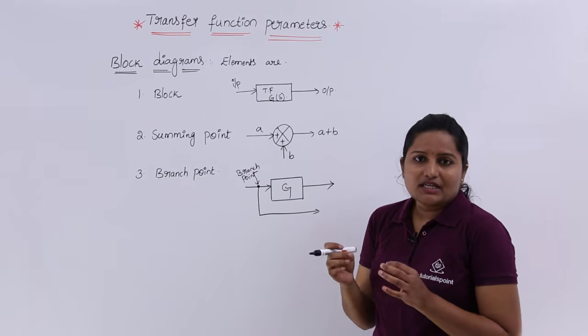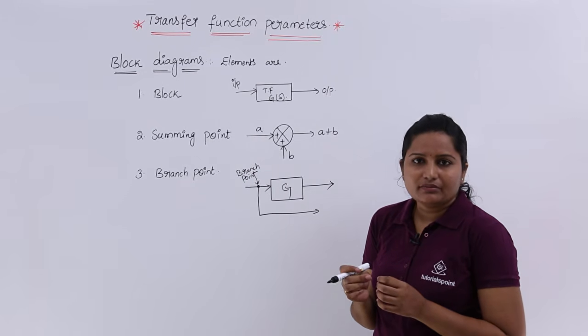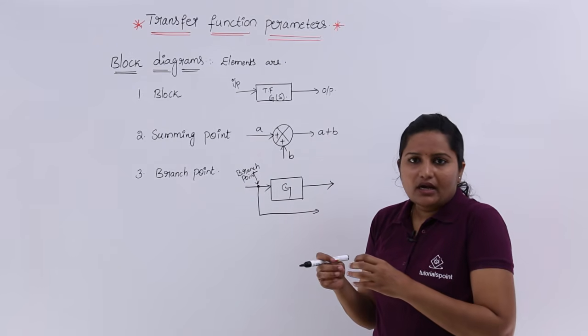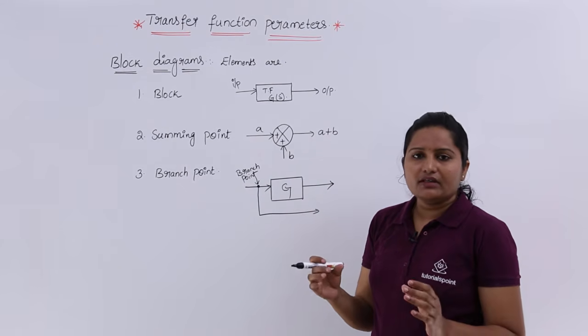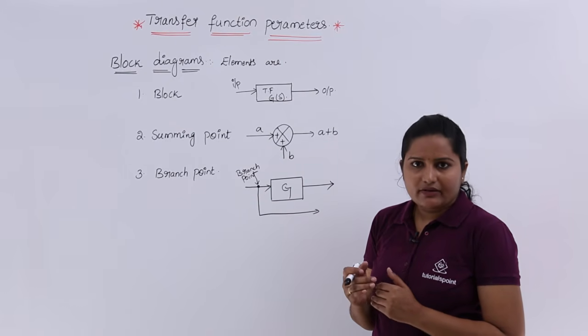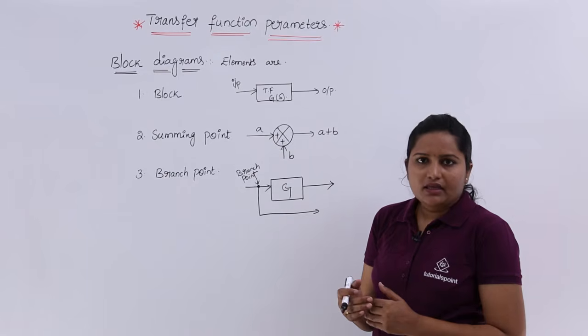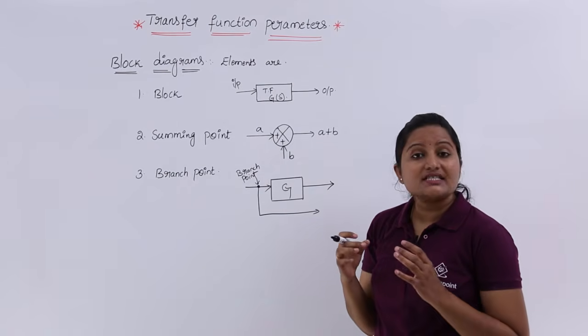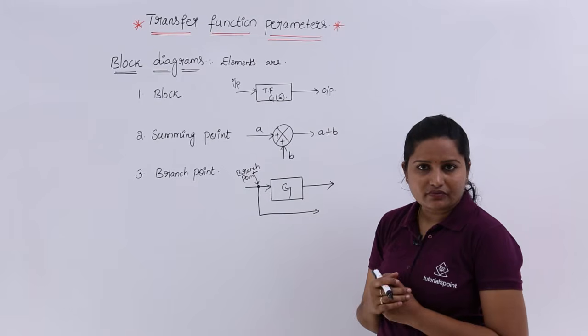It is a junction point, whatever the system parameters are there. Whatever signals you are passing, those signals will pass through this block. A block has some gain or transfer function.